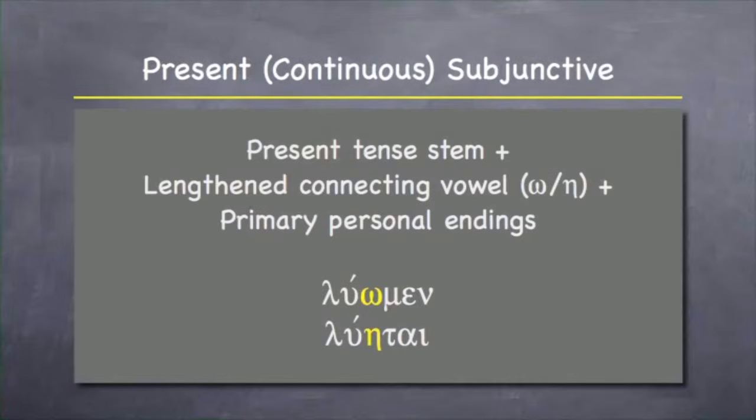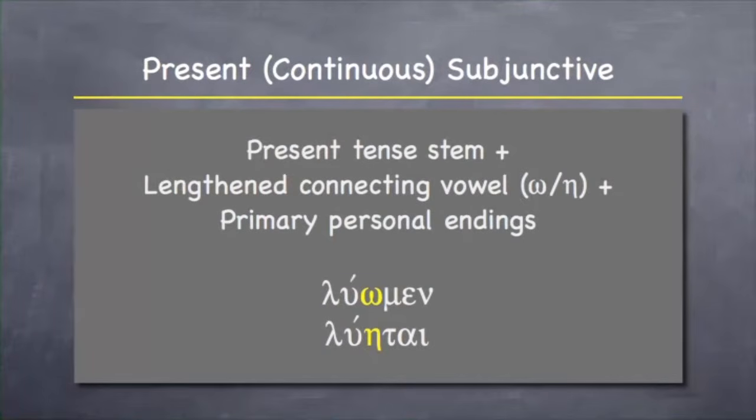The present, or as I like to call it, the continuous subjunctive, is formed with the present tense stem, lengthened connecting vowels, the omega or eta, and then primary personal endings. And so for the first person plural present active subjunctive, you would have luomen. See the omega? If you wanted to make it a third person singular present middle passive, you have luetai.